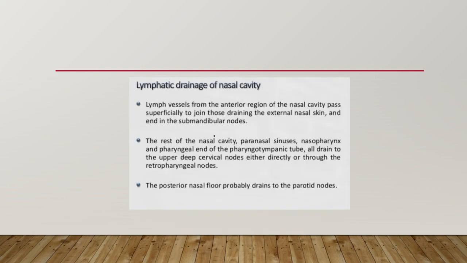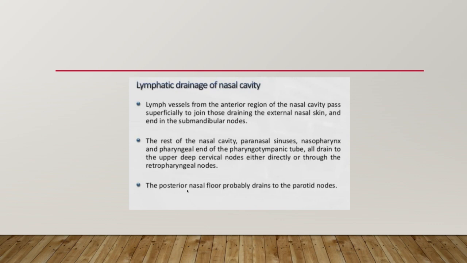Whereas the rest of the nasal cavity, including the sinuses, the nasopharynx and the pharyngeal end of the eustachian tube, all drain to the upper deep cervical lymph nodes, either directly or through the retropharyngeal nodes. Either the sinuses and every other part go to the retropharyngeal nodes first, and then from there into the upper deep cervical nodes, or they can go directly to the upper deep cervical lymph nodes.